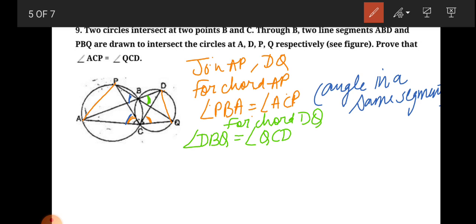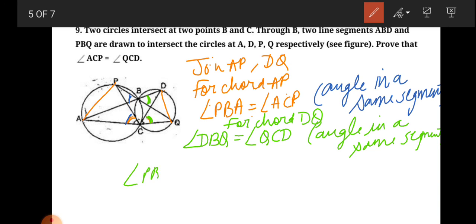Angles in the same segment are equal. Now lines ABD and PBQ intersect at point B, so angle PBA is equal to angle DBQ by vertically opposite angles.